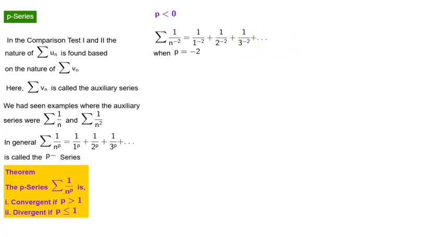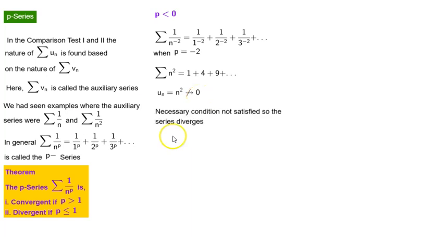And if we simplify it, you notice that each term u sub n is equal to n square, which is not tending to 0. So the necessary condition is not satisfied, so the series diverges. The necessary condition is that the terms of the series should tend to 0. Okay, now that was the p series.